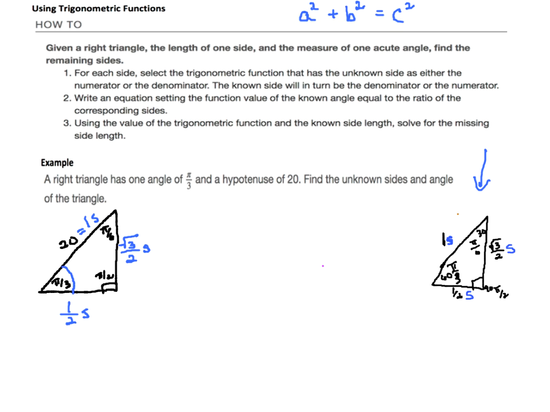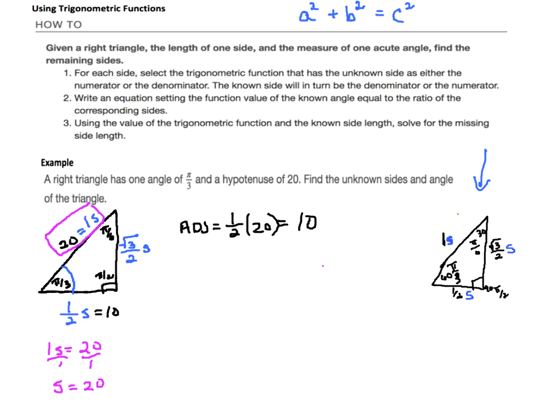So we take the relationship that we already know about S. So at the bottom here I have 1S is equal to 20. If I divide both sides by 1, I have S is equal to 20. So now I can come and say, okay, well, if this is true, my adjacent side has to be equal to 1/2 times 20, which gives me a side length of 10.